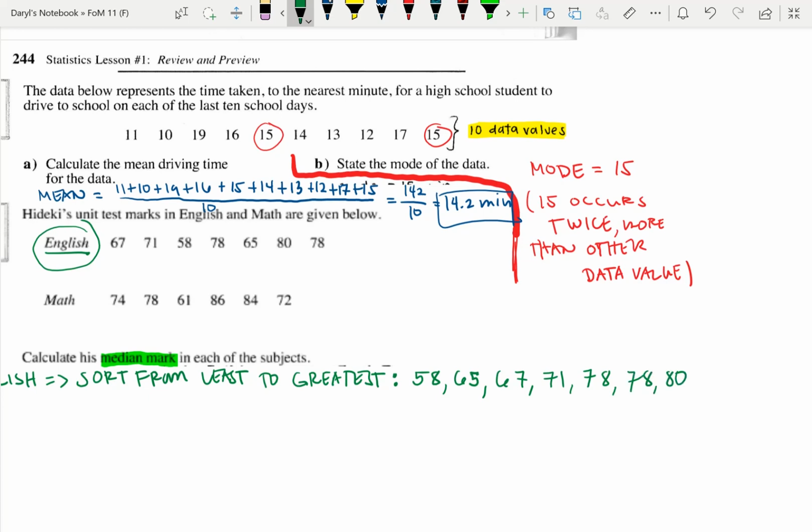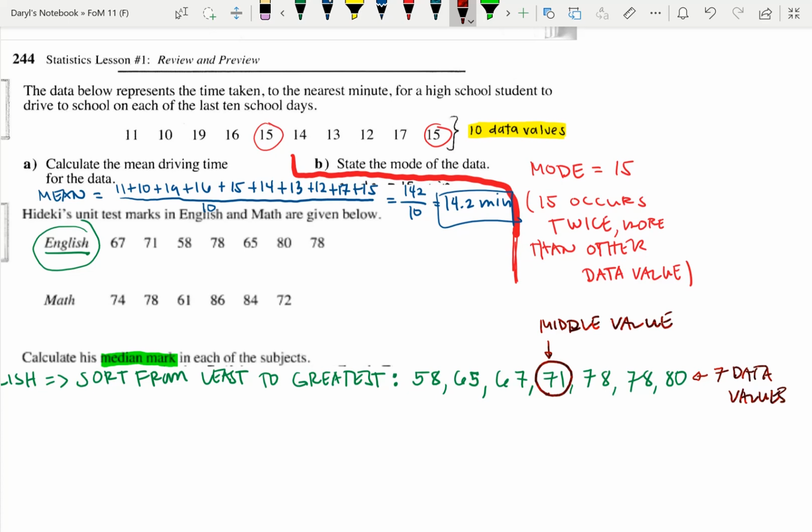So there 1, 2, 3, 4, 5, 6, 7. So there are 7 data values. So if it is odd, the median is just the middle. So if you can see, the middle part would be 71. Middle value.